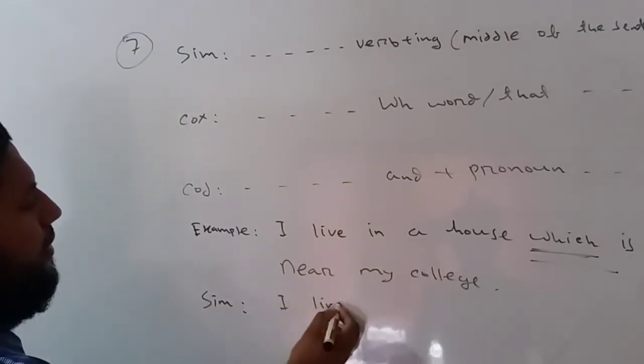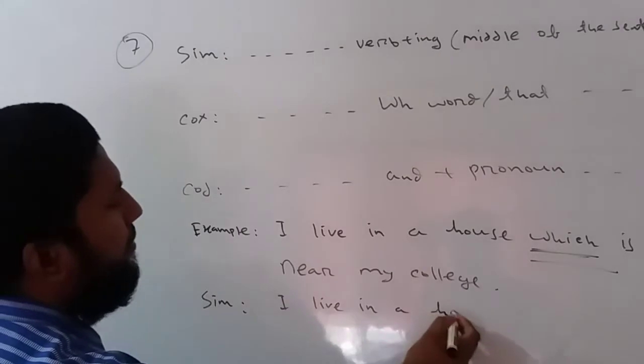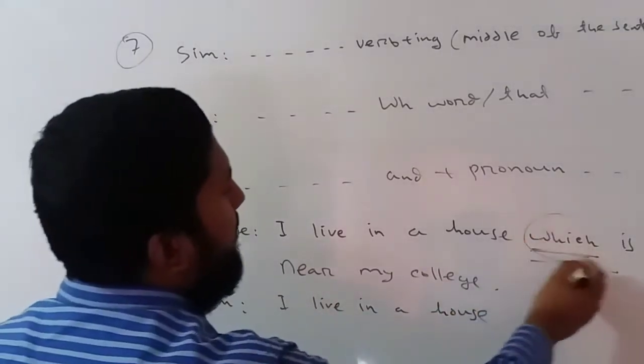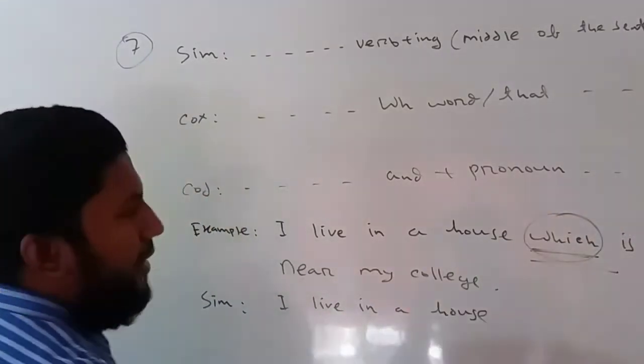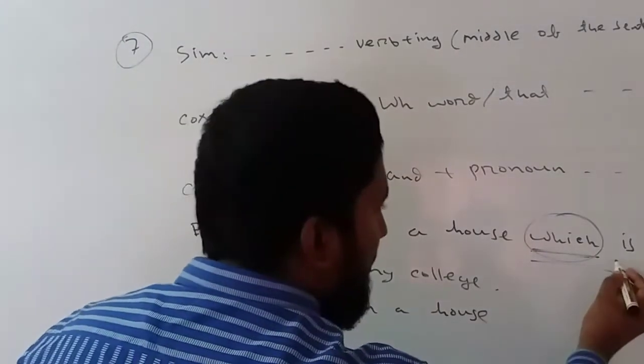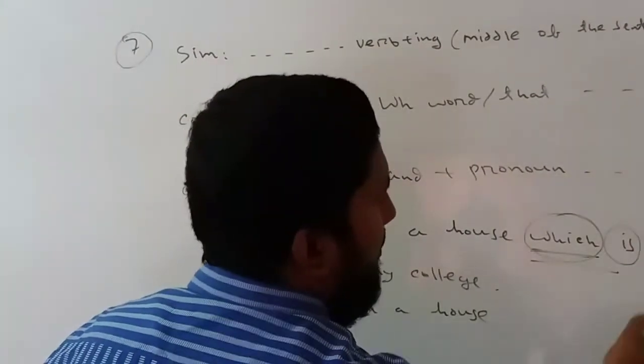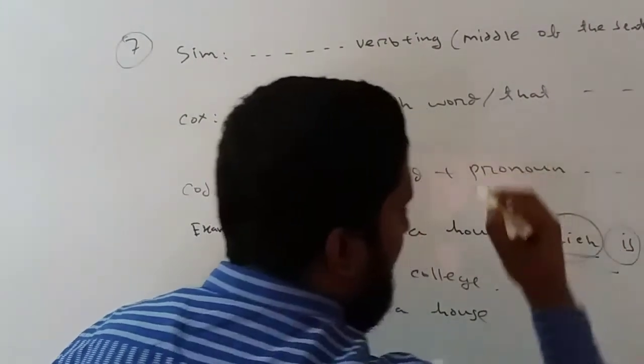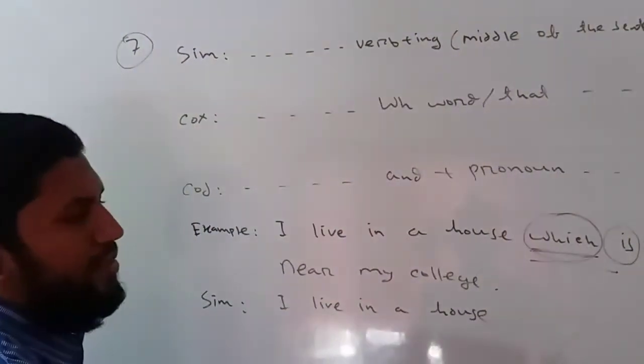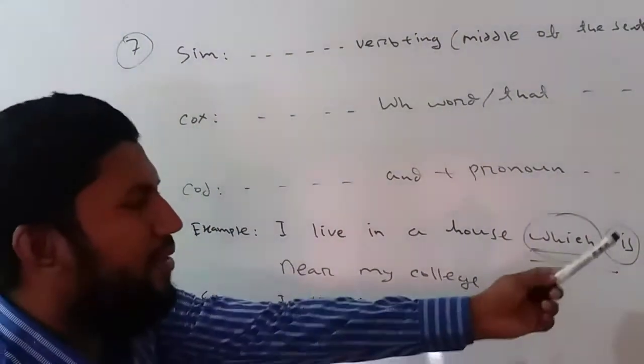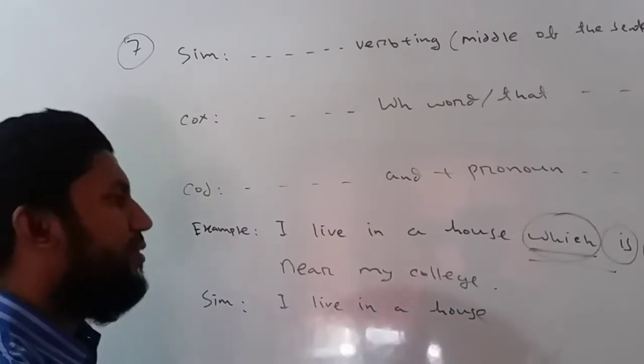I live in a house. Instead of which is, you will have to use verb plus ing. There is the verb is, and there is also the verb situated. You can use ing with is or situated. You can write in two ways.